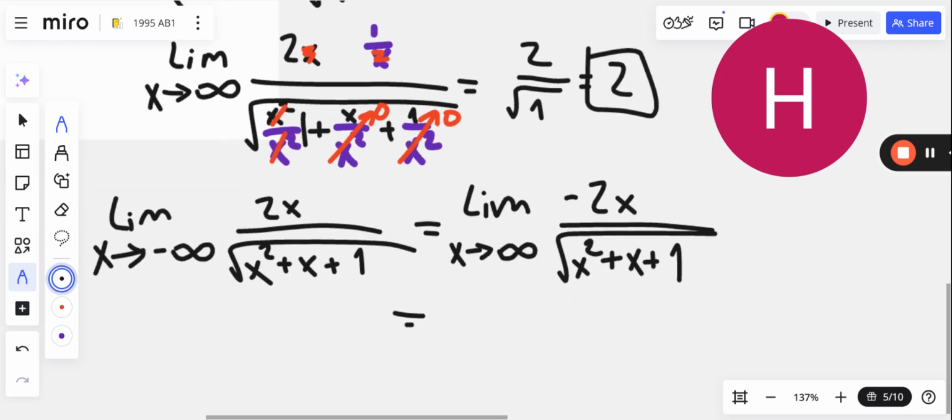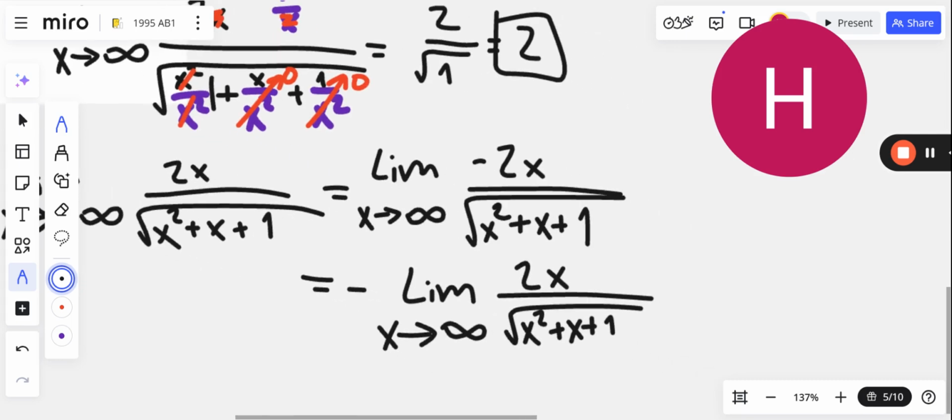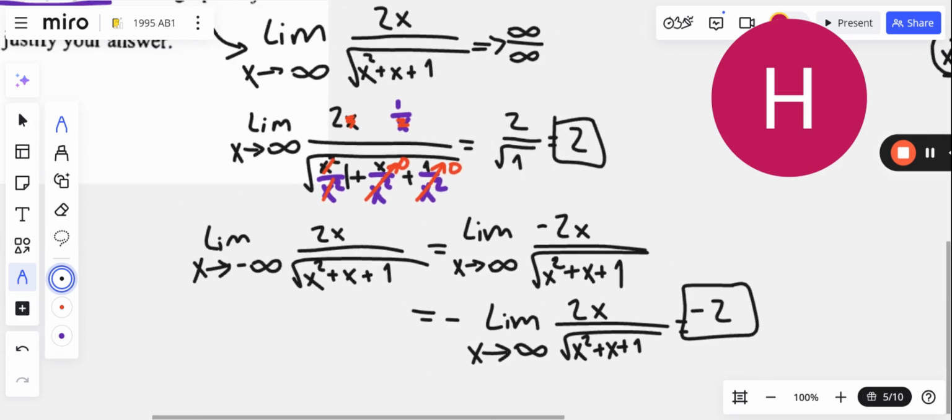But then we can just take the negative out in front of the limit, and this would be the same as negative the limit as x goes to infinity of 2x over the square root of x squared plus x plus 1. But we know that this limit is equal to this one here, which is 2. So this is simply going to be negative 2. And there is our other horizontal asymptote.